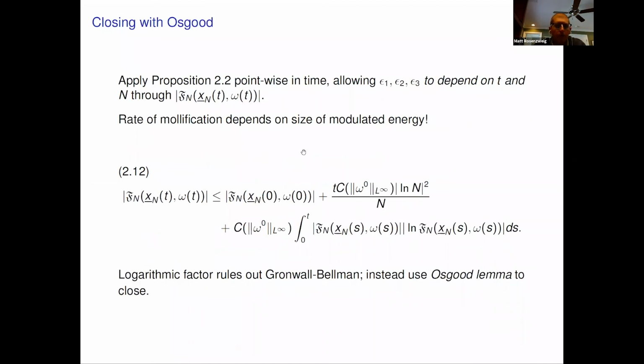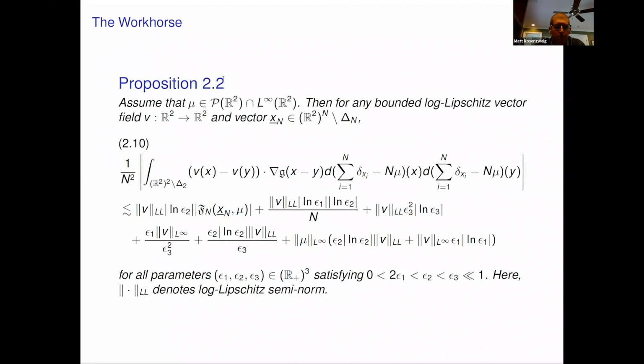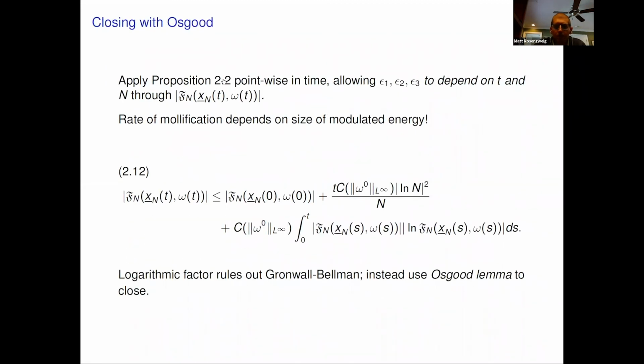Well, if we apply this proposition here, which I told you earlier was our workhorse, pointwise in time, we're applying it to the time derivative of the modulated energy pointwise in time. And we're allowing these parameters epsilon 1, epsilon 2, and epsilon 3 to depend on time and n through the modulated energy itself, more precisely on the size of the modulated energy.